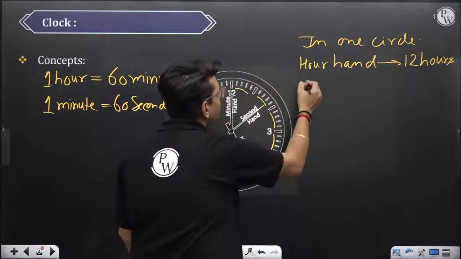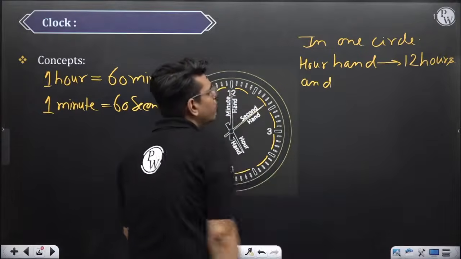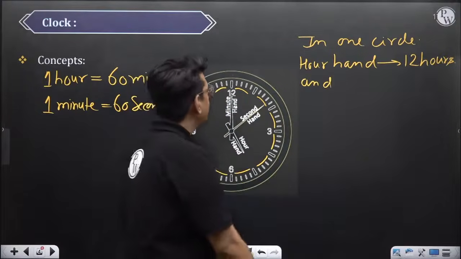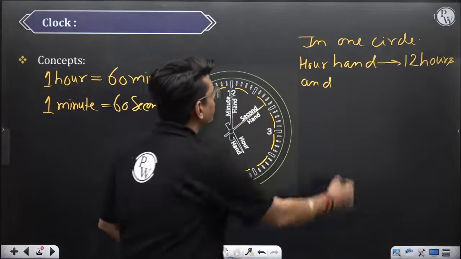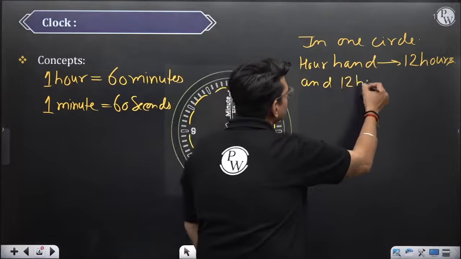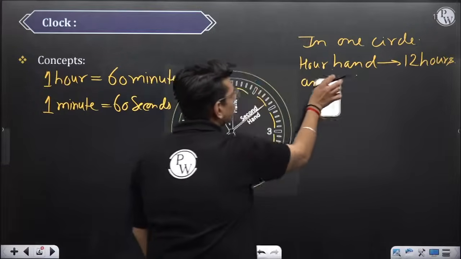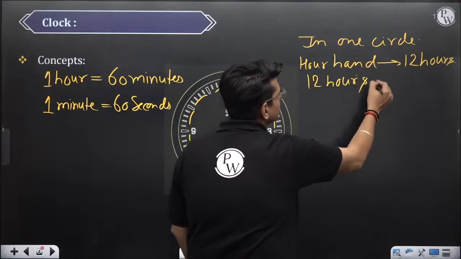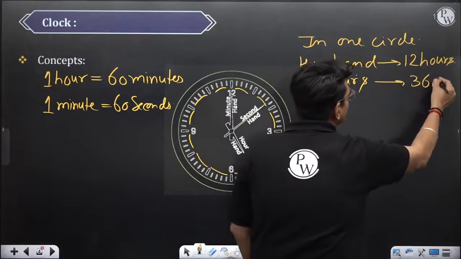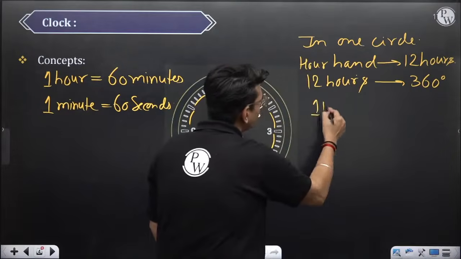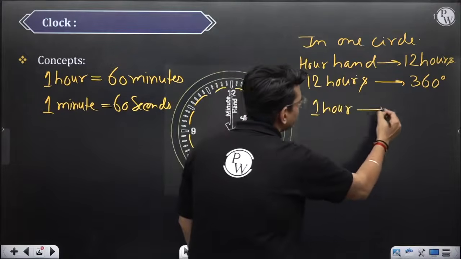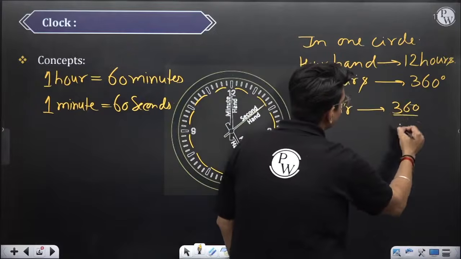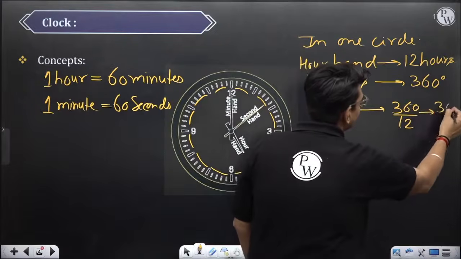One full circle is nothing but 360 degrees. So in 12 hours, it covers 360 degrees. So in 1 hour, the hour hand will cover 360 by 12, which is 30 degrees.